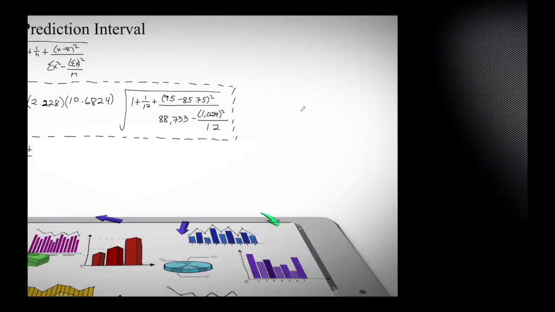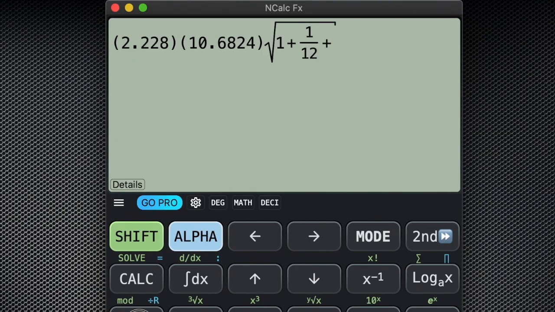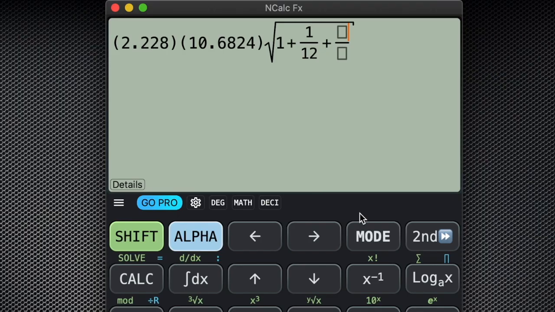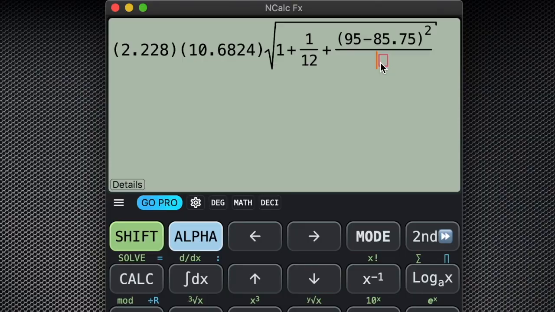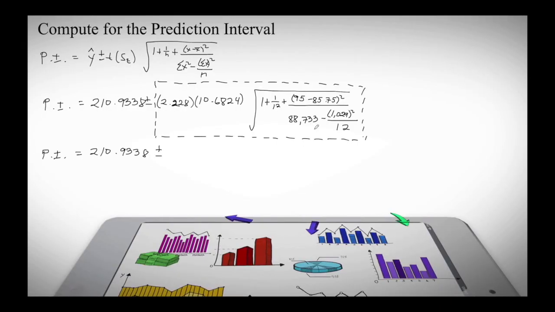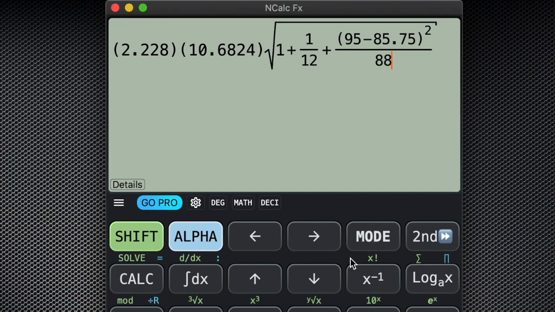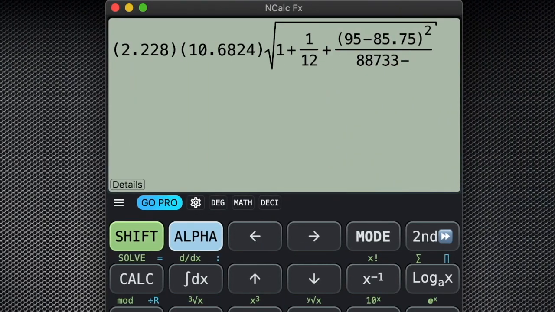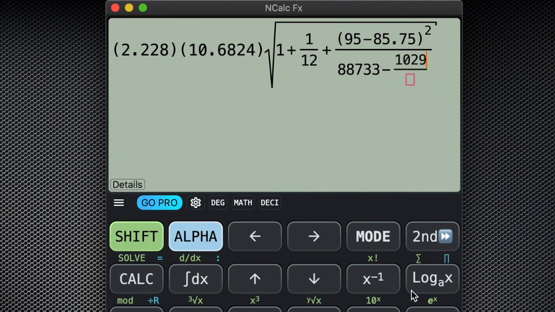Then plus another fraction: 95 minus 85.75, then squared, and for the denominator we have 88,733 minus the fraction 1,029 squared over our value of n, which is 12.